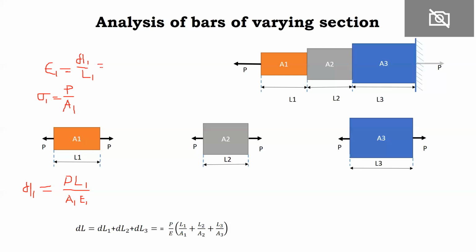Or you can write strain is equal to sigma 1 by E. So like this you can compute the stress, strain and deformation of a particular member by using these formulae.